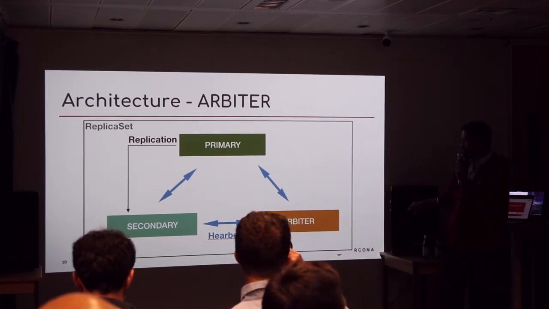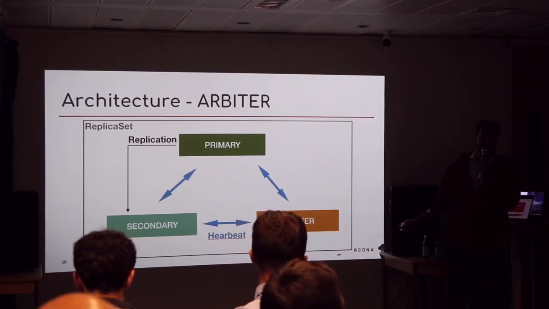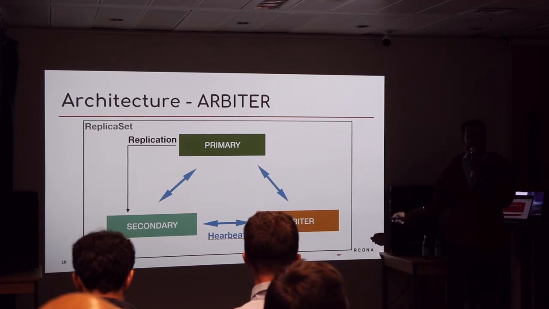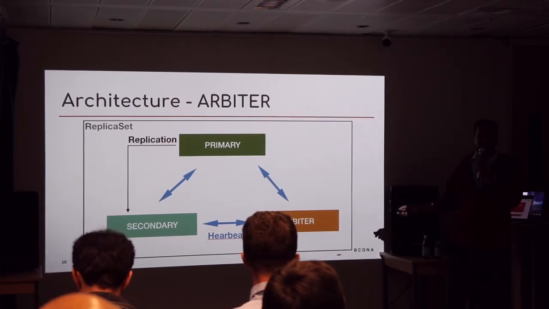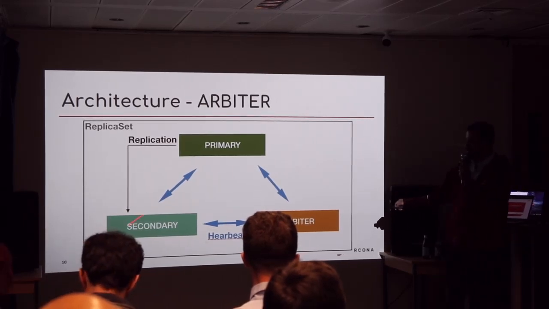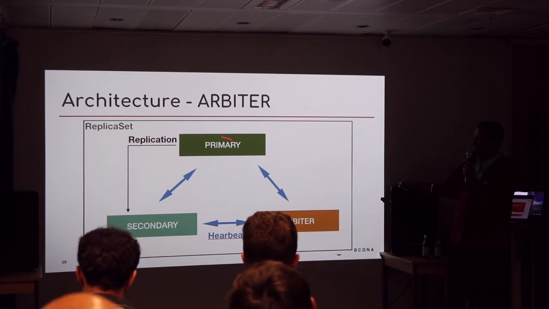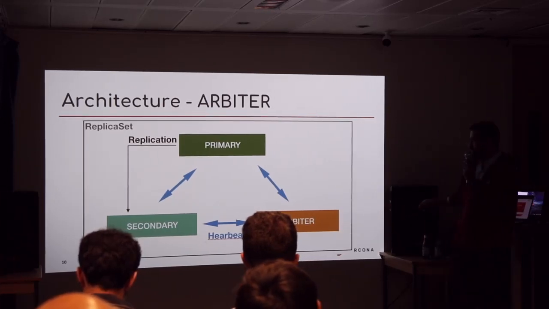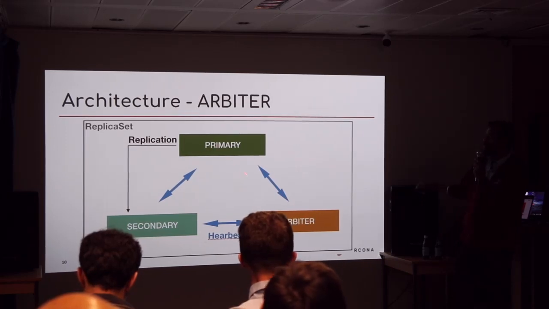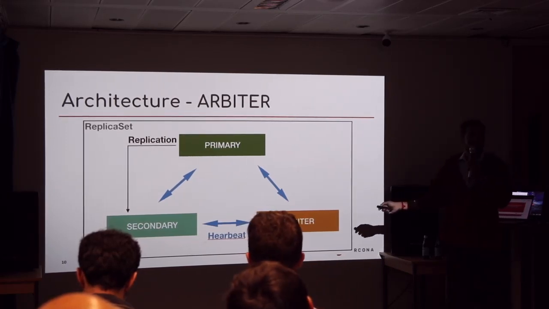For that purpose we have this arbiter concept. With this arbiter, you're not going to have any data here, only the election purpose. So even if this secondary goes down, you can have this primary up and running always, because this arbiter will make sure this primary gets more votes, okay?